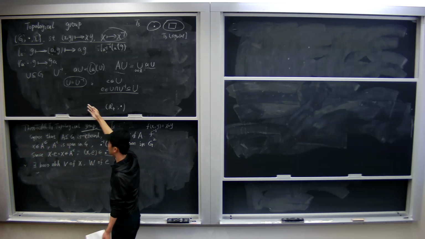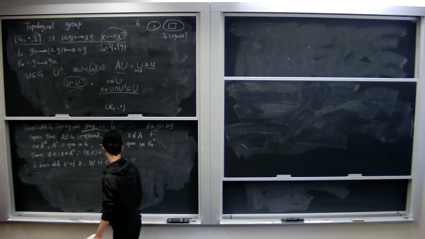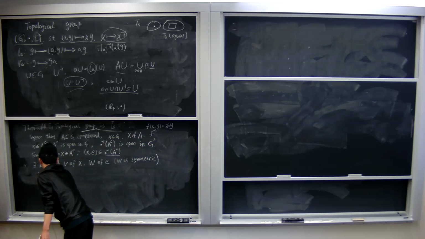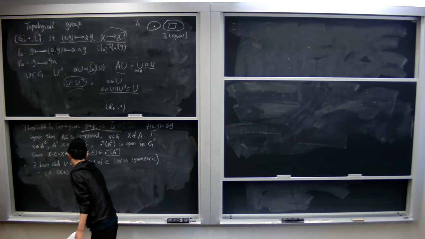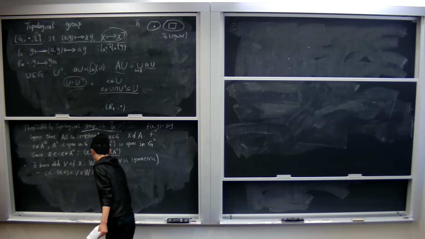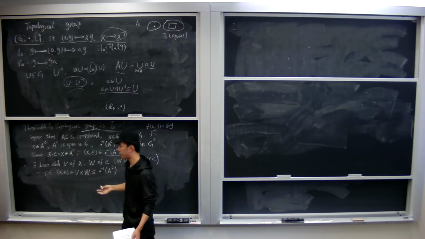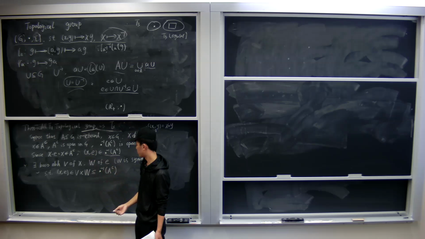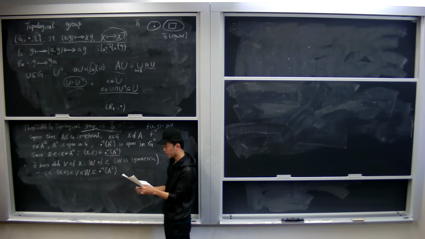We already explained that we can find the basis neighborhood from the symmetric one, such that (x, E) belongs to V cross W, which is in the preimage. This is called the basis criterion.